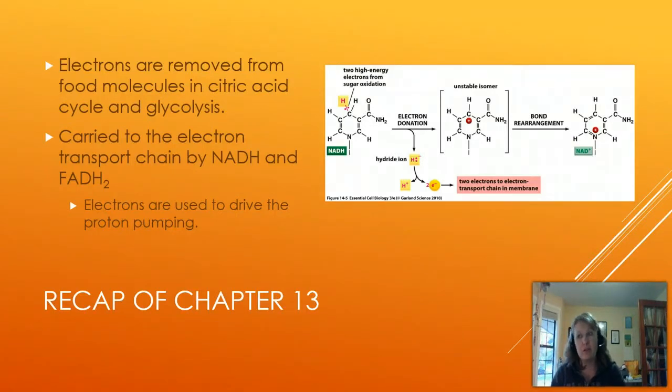What these molecules are going to do, when they reach the electron transport chain, is give up their electrons, and if they're carrying protons with them, because they sometimes do, they'll give those up as well to the electron transport chain and be recycled back to their original state. Now this recycling is really important because without this recycling, the cell could not continue to function in this way.